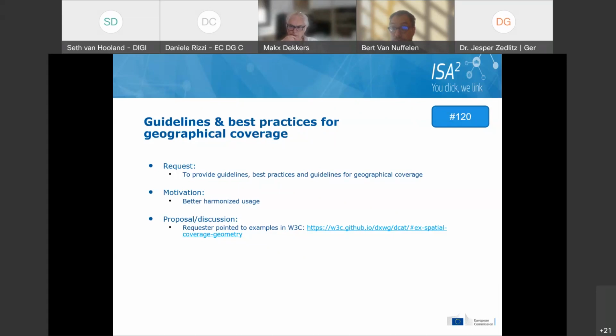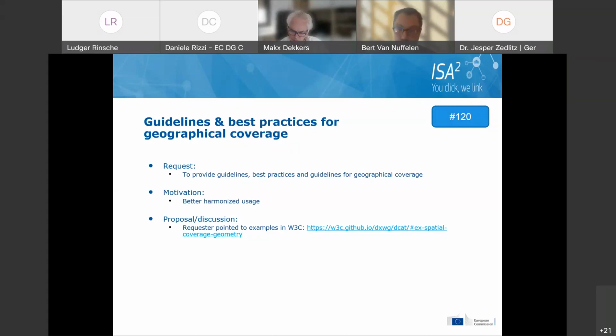For now, okay, that issue was by me. I think for now it's okay to use the W3C examples if they fulfill our SHACL rules. It doesn't help us if the examples they have given are not valid for our SHACL rules.